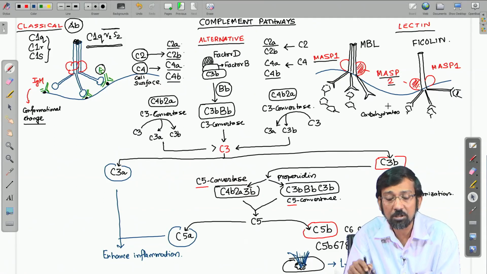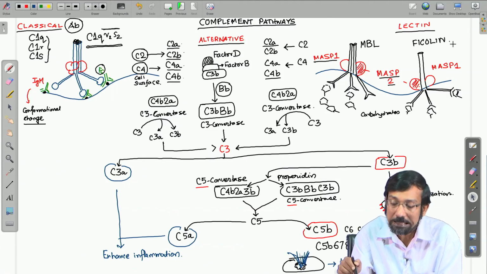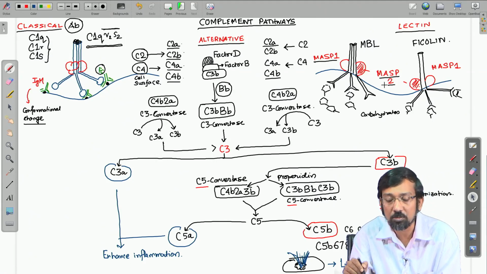So, all these interactions are going on the surface of the pathogen. When this MBL or ficolin binds to the carbohydrates on the surface, that would lead to activation of serine proteases which are associated with these lectins. MASP1 and MASP2 are the mannose associated serine proteases, remember.